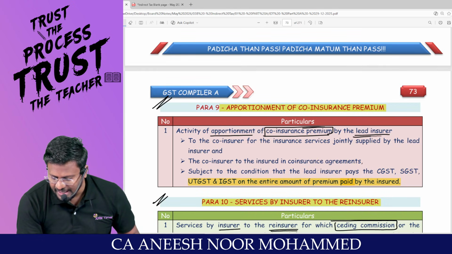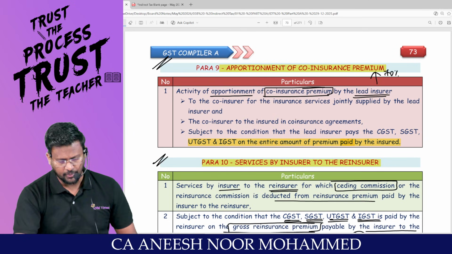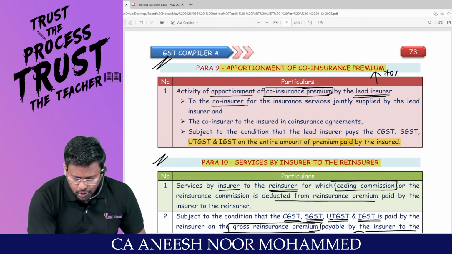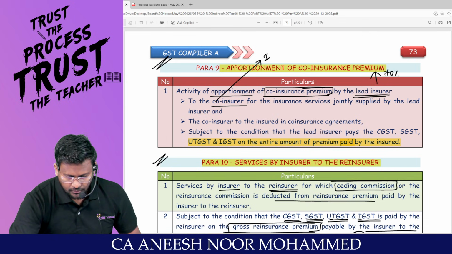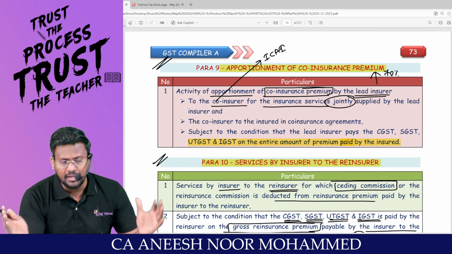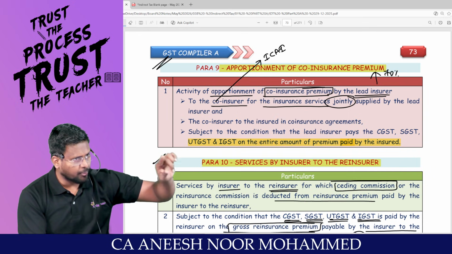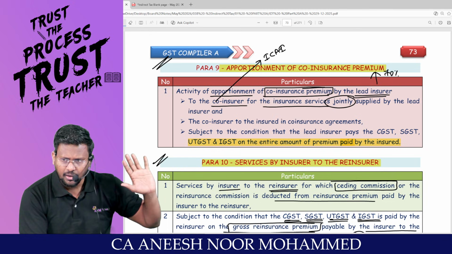One party is the lead insurer, who is holding 70%, and the co-insurer is ICAI Limited. For the insurance service jointly supplied by the lead insurer and co-insurer, have they provided it jointly to Gopin? Yes, sir.